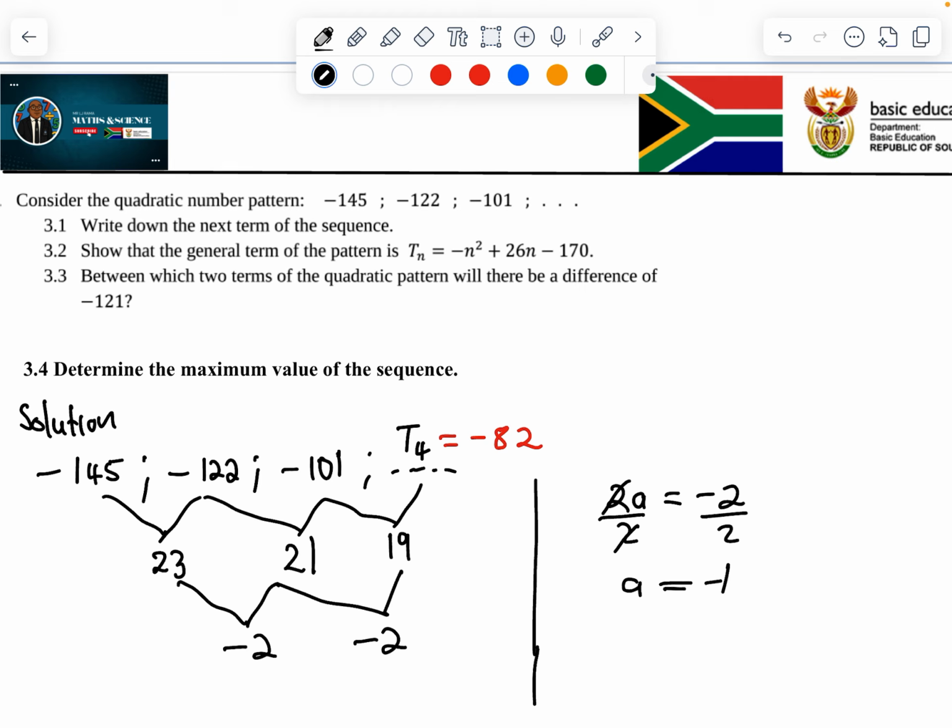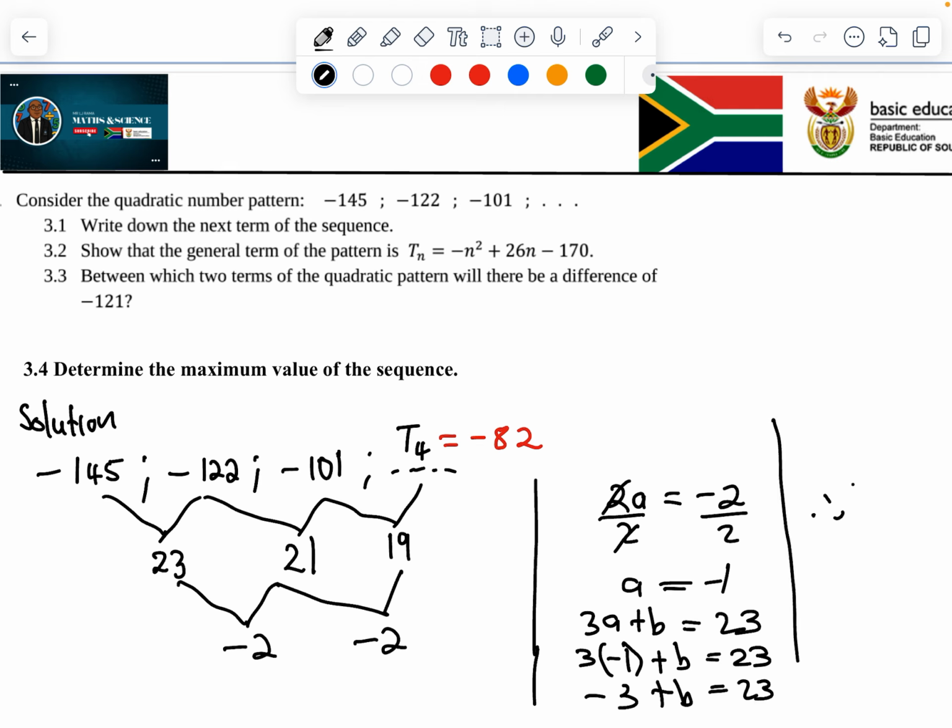Now to get b, we say 3a plus b equal to the first term of the first difference, which is 23. Then 3 into our a, which is -1, plus b equal to 23. We'll have -3 plus b equal to 23. Then I'm going to transpose the 3 to the right, so my b is equal to 26.